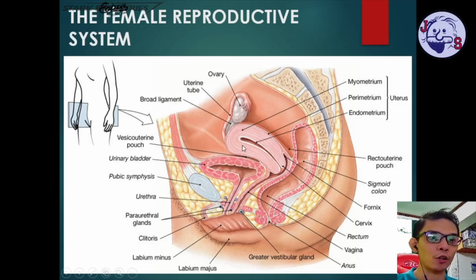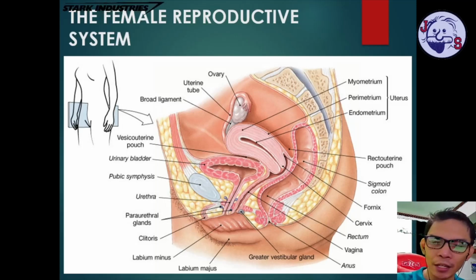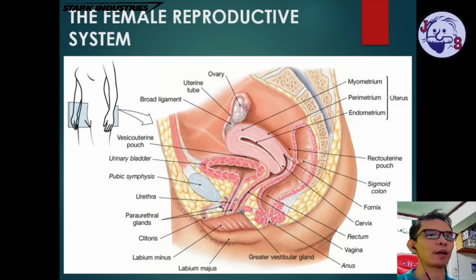To be exact, the female reproductive system is made up of a lot of spaces just for that purpose. So instead of having tubes, we have canals, we have pouches, and pouches with spaces inside. That is the characteristic of the female reproductive system.